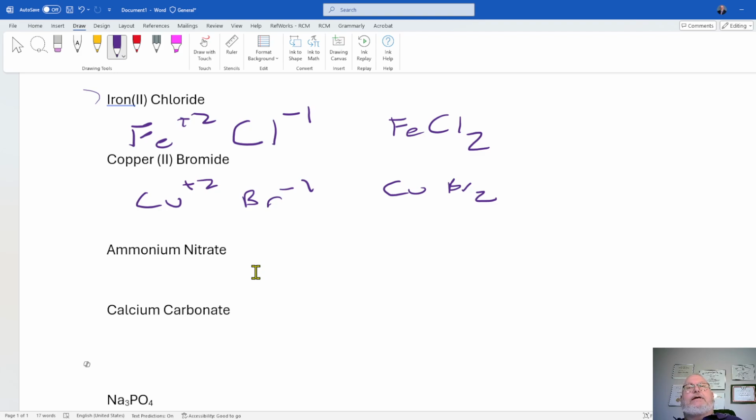Now we're getting into the polyatomic ions. Nitrate is not nitride. Ammonium, it's not ammonia. So I look on the back of my sheet and I see that ammonium, I got to look it up, is NH4 plus 1.